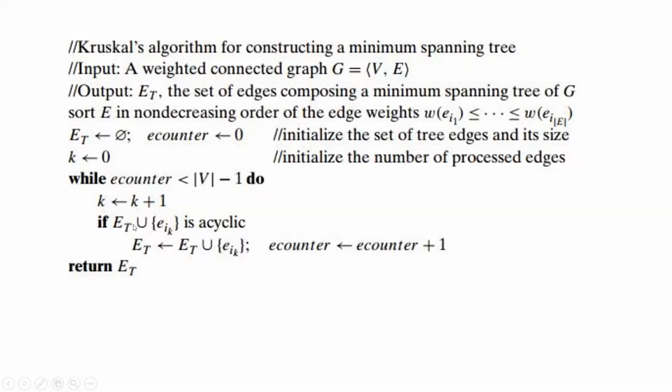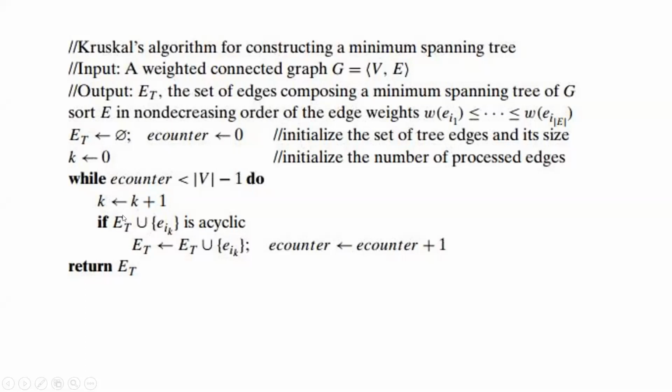Then as the algorithm proceeds, what is ET? Initially it is null, so go on adding the edges one by one, for I from 1 to the number of edges. If adding that edge retains the graph acyclic, then you union, which means the addition operation.